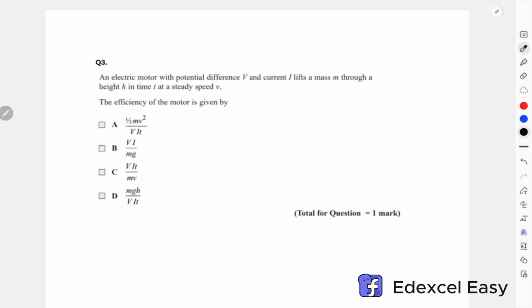So there is a motor which is lifting something from the ground. That means if you're lifting something from the ground, its height is increasing with time, because maybe it was at ground level, or even if it was not at ground level, it was a certain number of meters above the ground level.